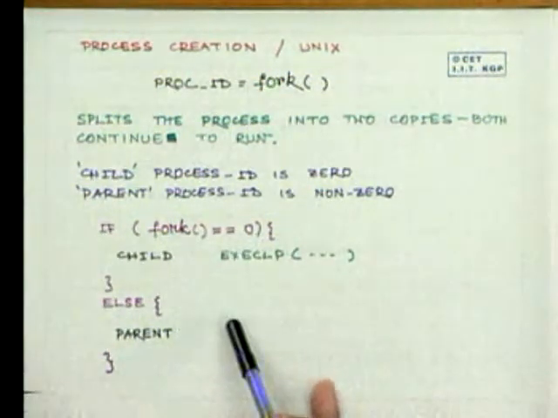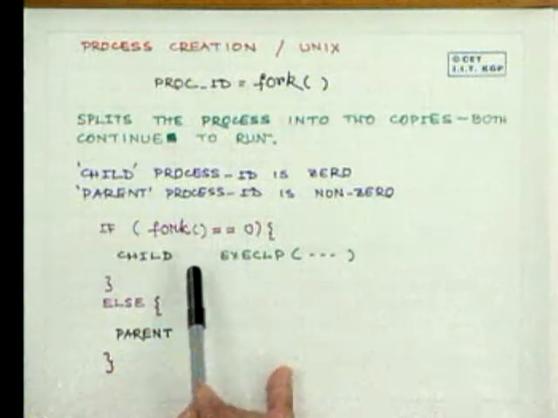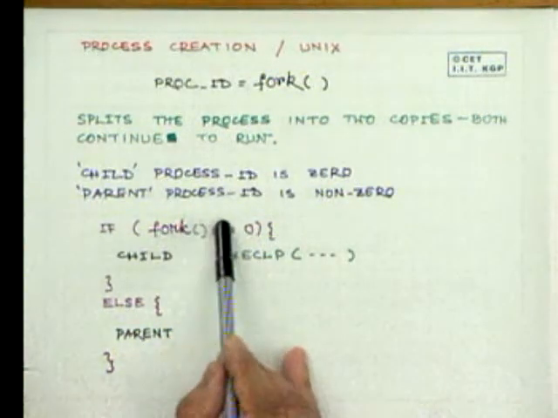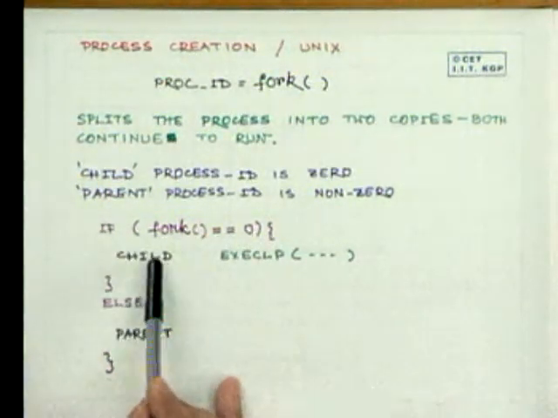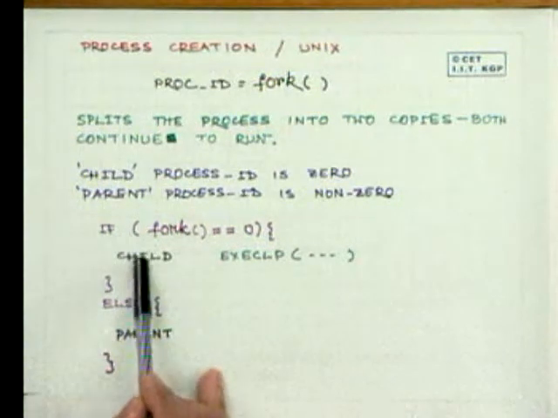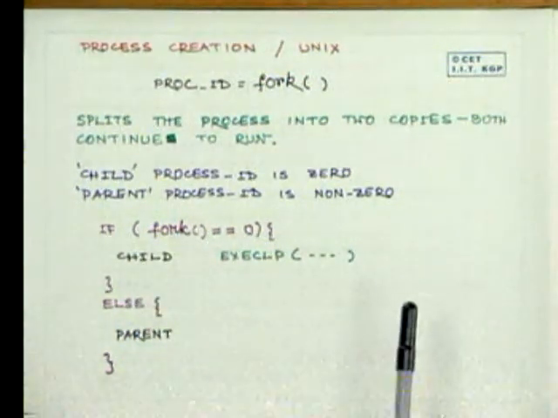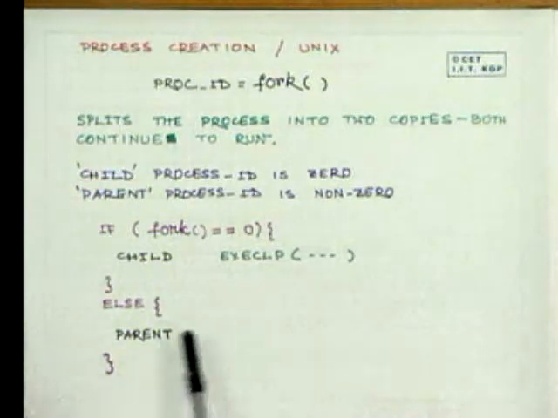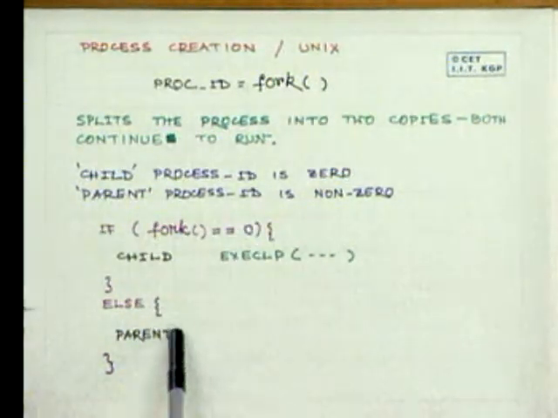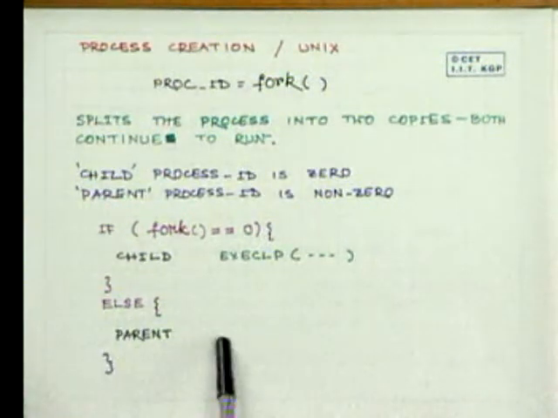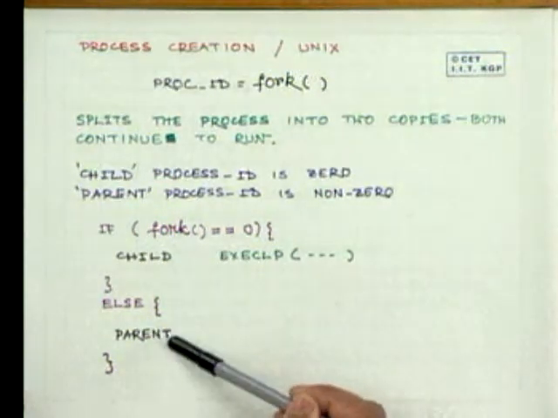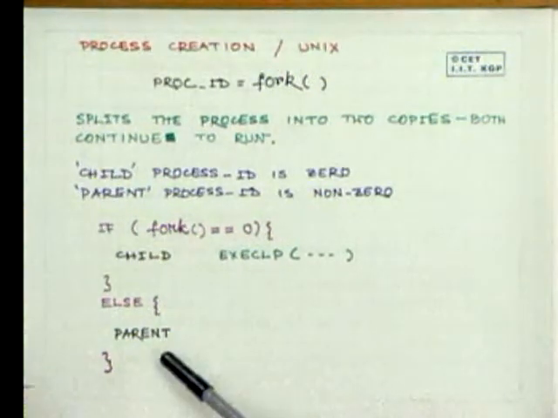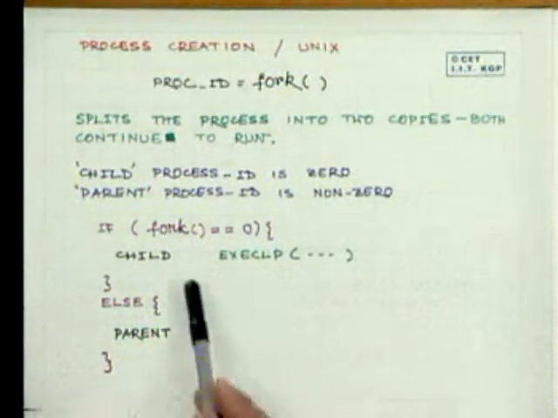In the child, fork will return a 0 value, and therefore this statement will be true, and this child process will be executing this portion. And in the copy which is the parent, this will be false, and therefore in the parent process this other portion will be executed, right? Therefore you can see immediately that the child process and the parent process can now execute simultaneously in the two copies, which is a situation similar to the thread.